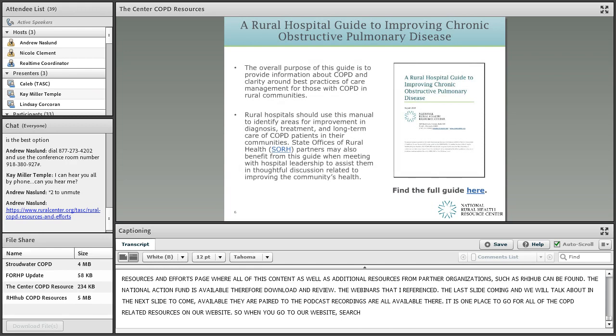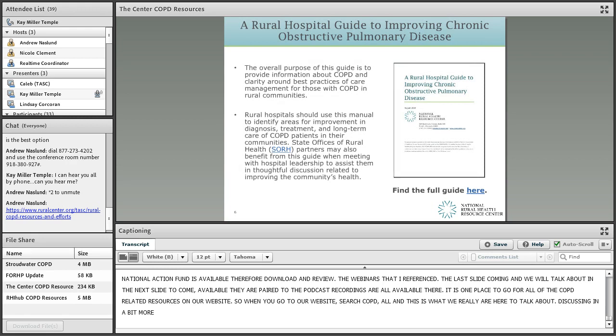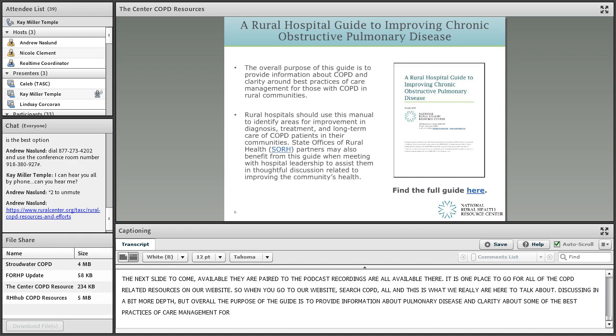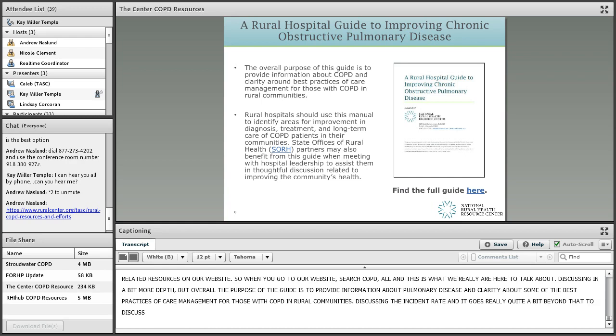And this is what we are really here to talk about. Lindsay will discuss this in a bit more depth, but overall the purpose of this guide is to provide information about chronic obstructive pulmonary disease and clarity about some of the best practices of care management for those with COPD in rural communities. It discusses the incidence rates, but it goes quite a bit beyond that to discuss some of the financial or reimbursement opportunities that are there.